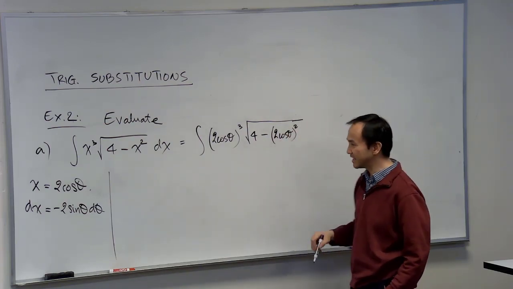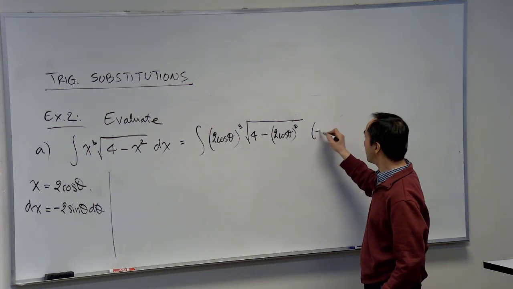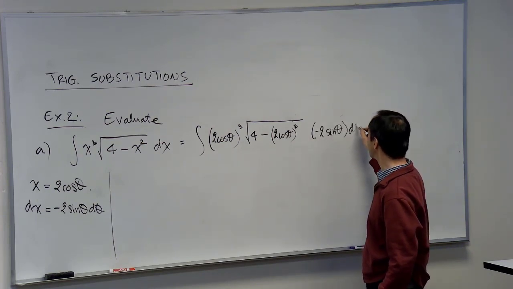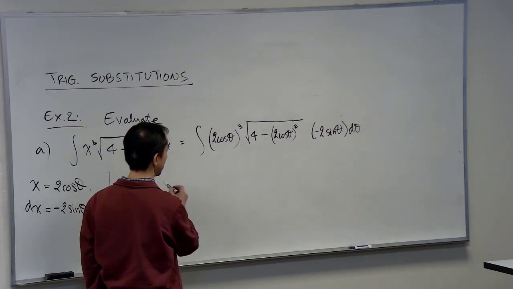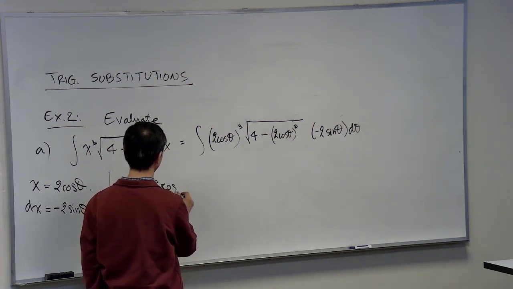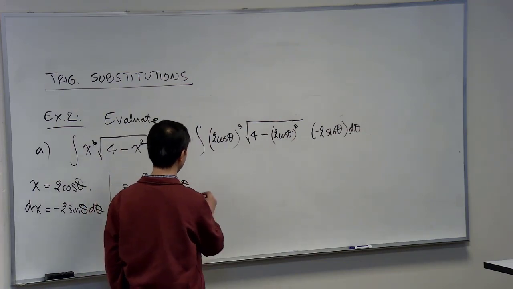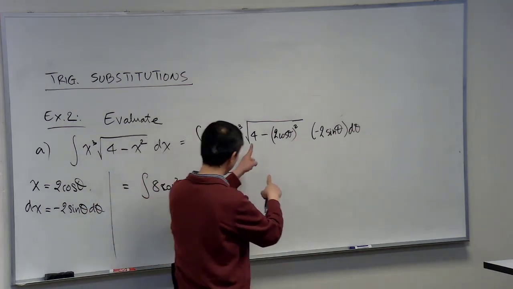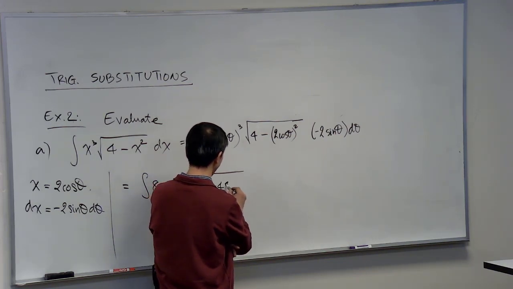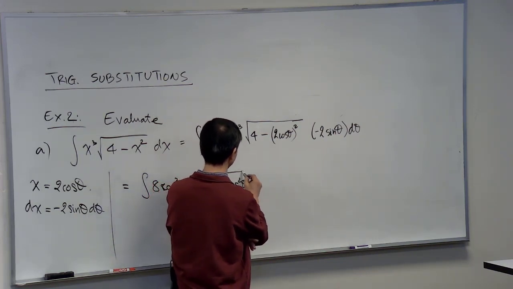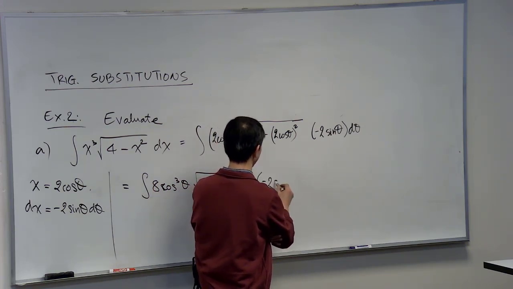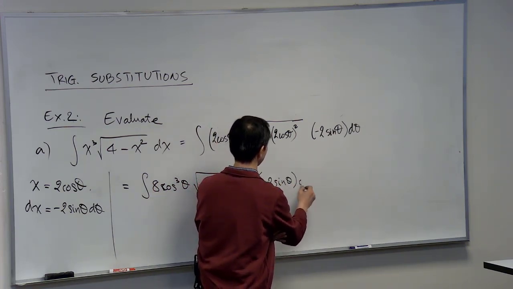And then the dx here is substituted by minus 2 sine of theta d theta. That way I have the 8 cosine cubed theta, and then here the square root, you can see that it's 4 minus 4 cosine squared of theta, and then times the negative 2 sine of theta. Do you agree?